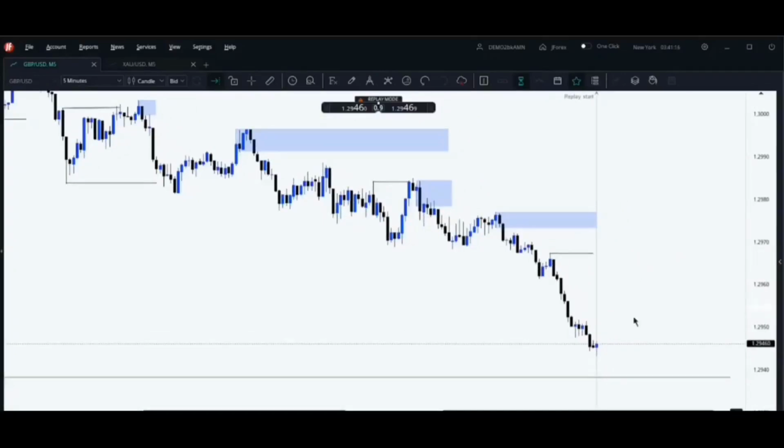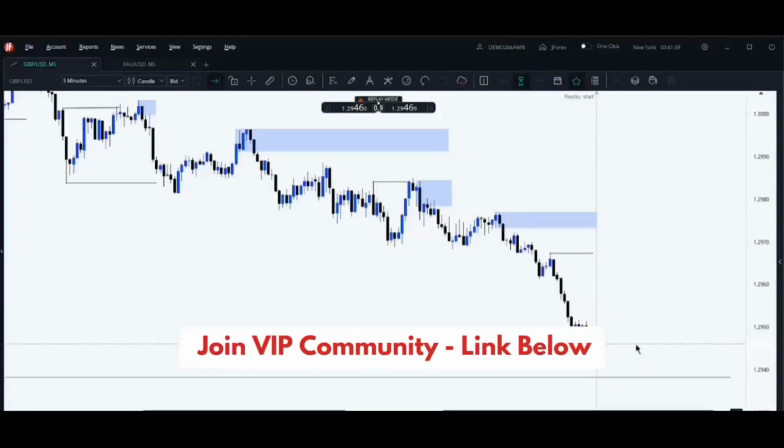So we are not going to add any more position here until price takes out this 1H change of character level. Okay, so that is how to take advantage of market structure shift on the lower time frame to have multiple trade setups. I hope you will go over this video again and again and actually study everything we have done here.